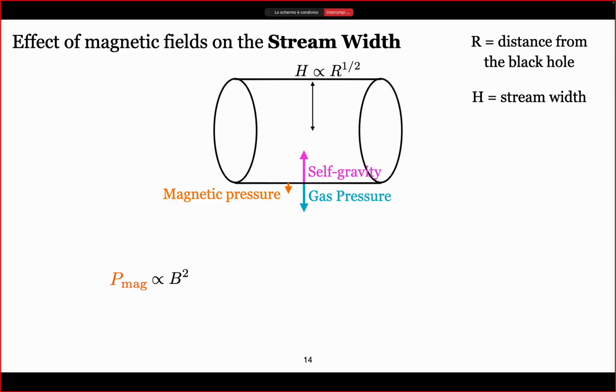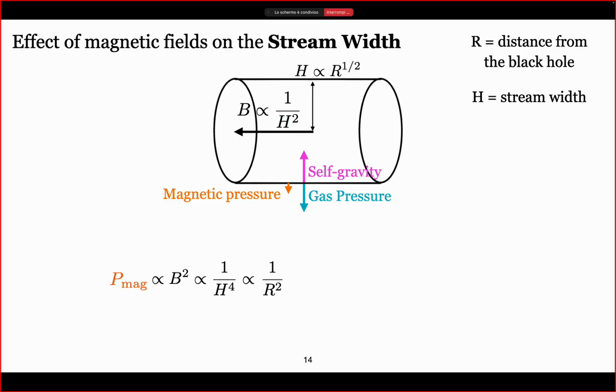Magnetic pressure is proportional to the magnetic field squared, but we know how the magnetic field evolves. And in particular, we know that eventually it aligns with the direction of stretching. And so it must go like 1 over the width squared. But we know how the width evolves with distance because of hydrostatic equilibrium. We know that the scaling that we expect is h going like r to the 1/2.